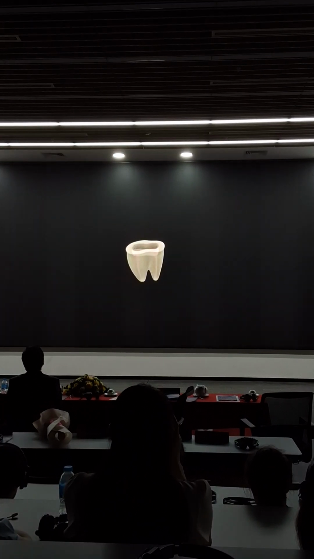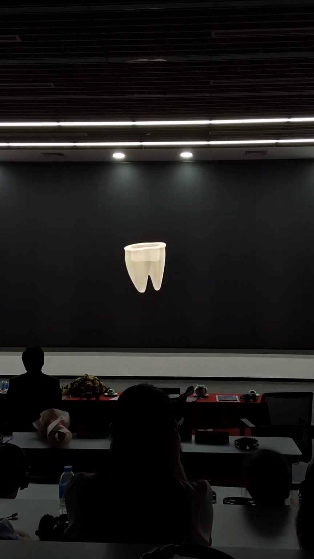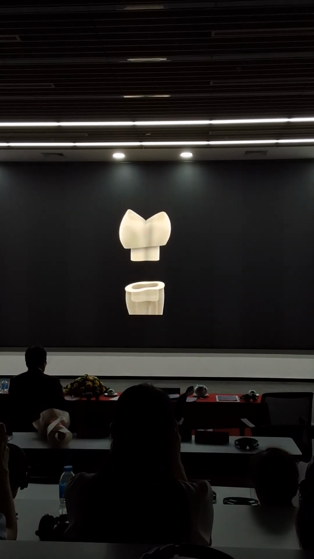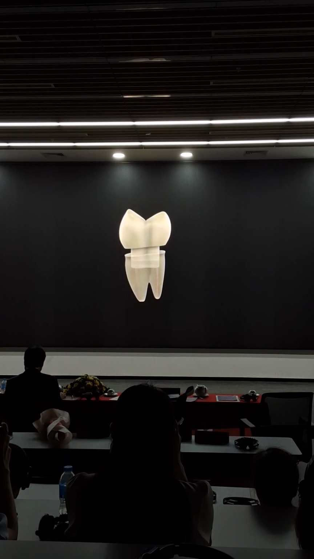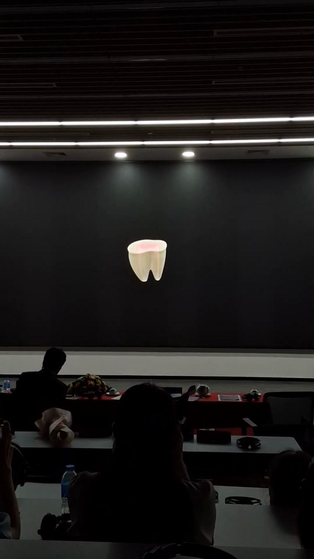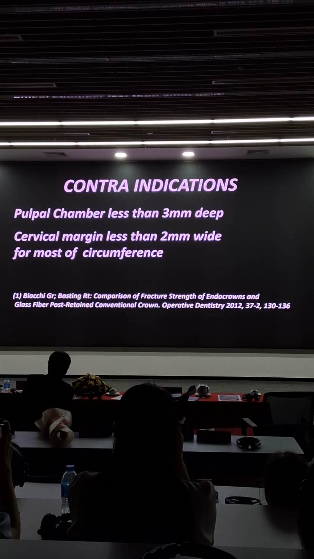The principle of the undercrown, we will use the pulp chamber like a retention for the crown. So you need at least 3 mm penetrating inside the pulp chamber, and you will do the cementation of your undercrown directly on the tooth. Okay.